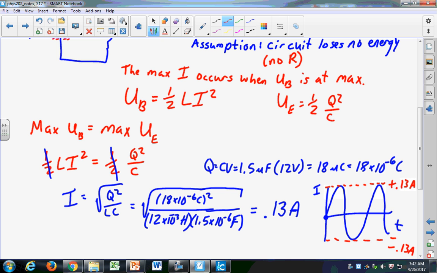And we're getting a little bit into alternating current here. In fact, these LC circuits are very important with the idea of alternating current electricity. We use this idea to make our current go back and forth.